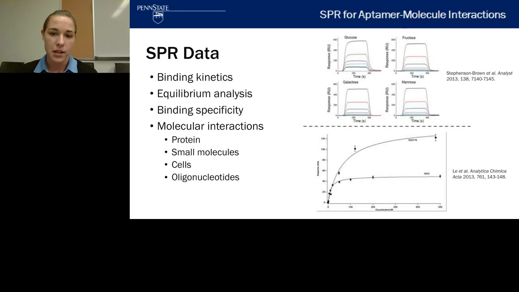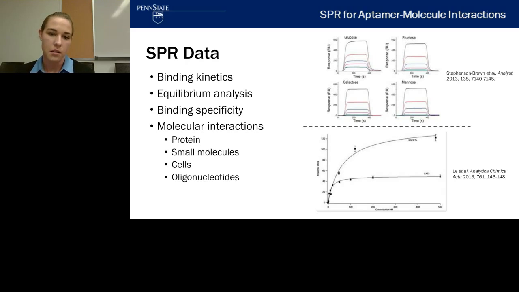So other than binding kinetics, like that shown in the image on the top, we can do other types of analysis using surface plasmon resonance. This includes equilibrium analysis, like the lower image, where the concentration is plotted against the maximum response. We can also look at the specificity of molecules binding with immobilized molecules.